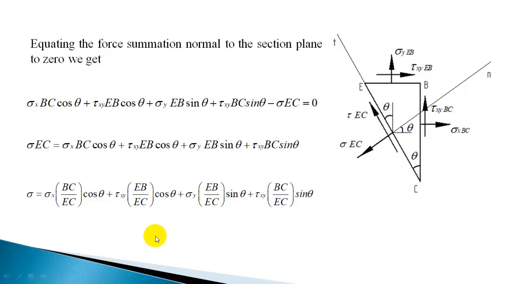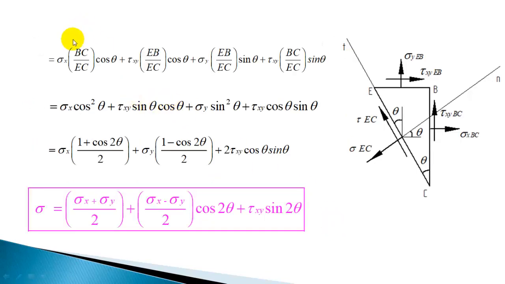So EB by EC you can replace by sin theta, and BC by EC by cos theta. So we'll do that with the same equation I have written.